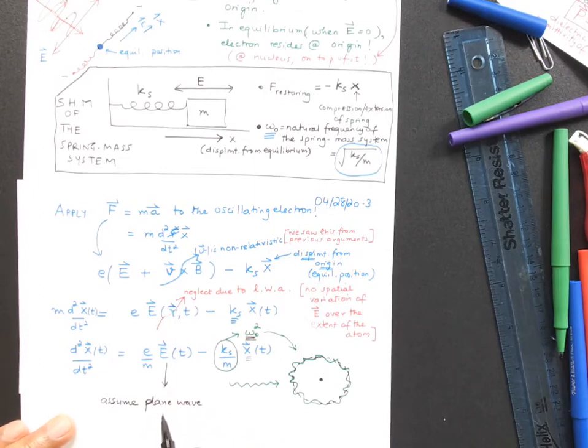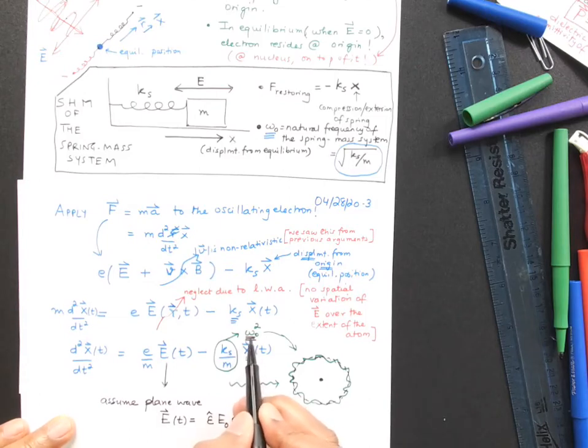The electric field would be, there is some polarization, there is some amplitude, and then it's e to the i, k dot r minus omega t. Now we've already said that we're neglecting the spatial variation, so this we can throw away. But there's this driving frequency omega. So there's a natural atomic frequency omega naught, and there is a driving frequency omega from the electromagnetic wave.